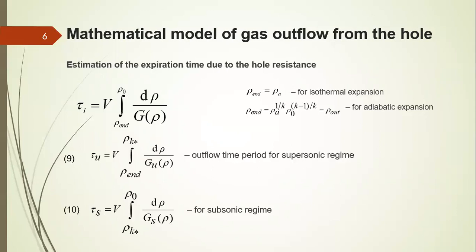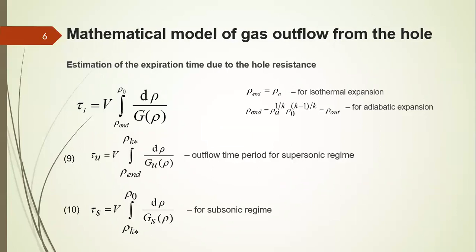Then the outflow time periods shall be determined by the following integration. The process is different for supersonic and subsonic regimes. Therefore, it is reasonable to consider the time periods of these regimes separately.